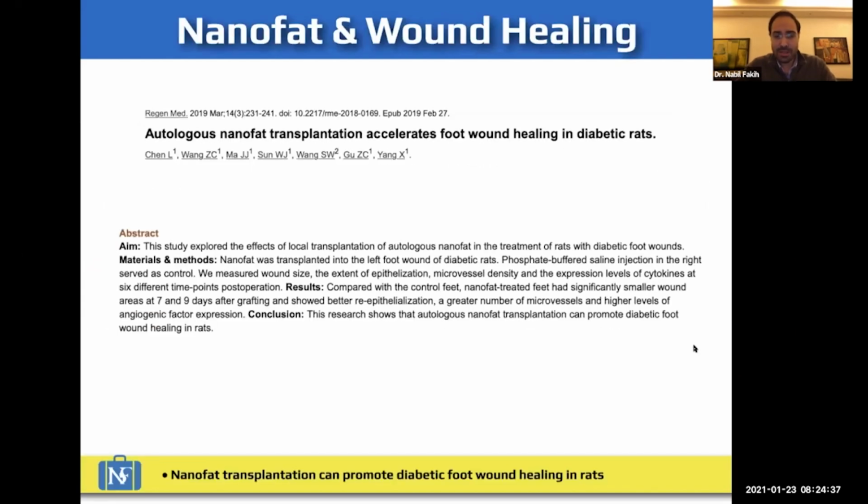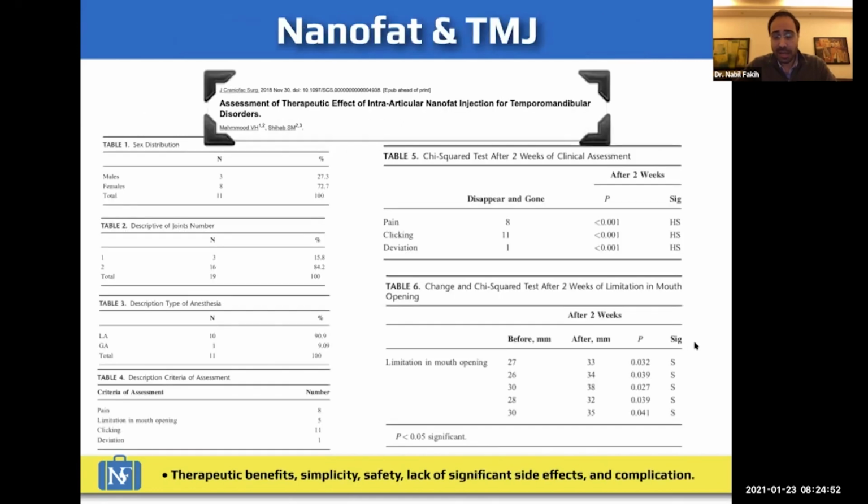And from this, I was digging more and doing nanofat, nanofat everywhere. Also for wound healing, nanofat transplantation can promote diabetic foot wound healing, and I said, why don't I mix nanofat with PRF and get better results for these people. I have a hospital, we have a department of orthopedics, and we help them improve these cases.